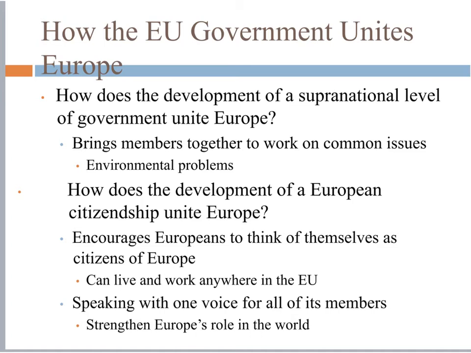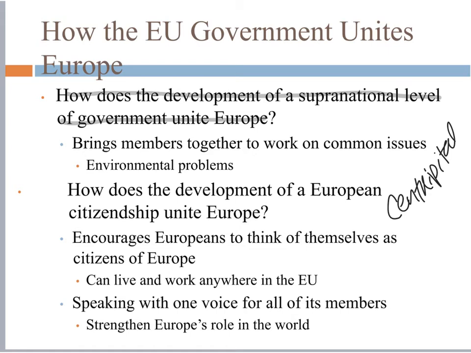First thing that we'll be looking at is the centripetal forces. Notice the question: how does the development of supranational level of government unite Europe? These are our centripetal forces. And we see that it brings members together to work on common issues.